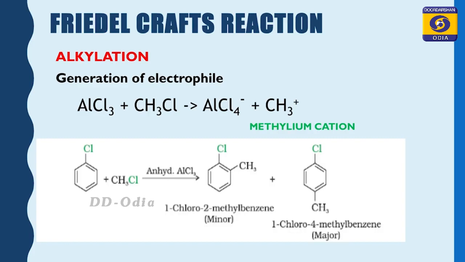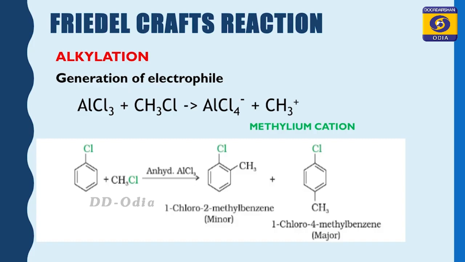Because in this reaction, we introduce a methyl group in the alkylation process or an acyl group in the acylation process to the benzene ring. So, what are the reagents taken here? The reagents taken here are alkyl halides. Suppose we want to introduce the methyl group, then the reagents used are the alkyl halide CH3Cl and aluminum trichloride.